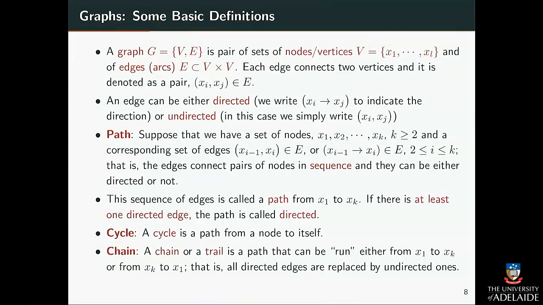Okay, so what is a graph? A graph is a pair of sets. One is a set of nodes, V, and the other one is the set of edges, which is defined on the Cartesian product. So it takes pairs of vertices, and then it expresses a connection. So this is the general definition of a graph. And so we have that xi, xj is an edge. Here, these would be the random variables for our case of Bayesian network.